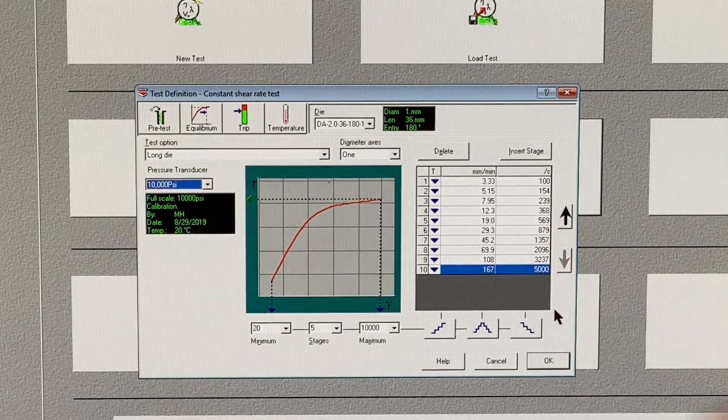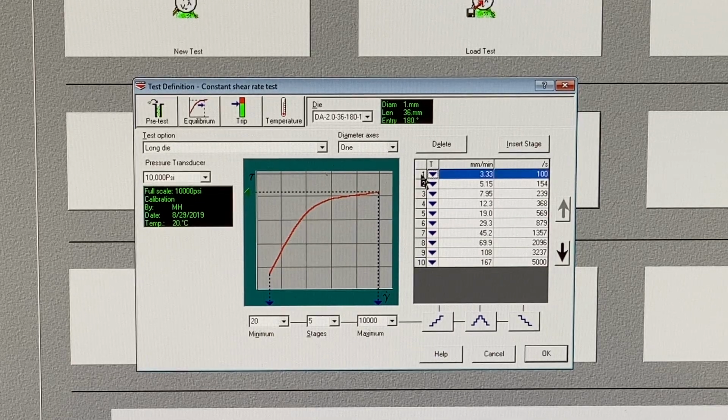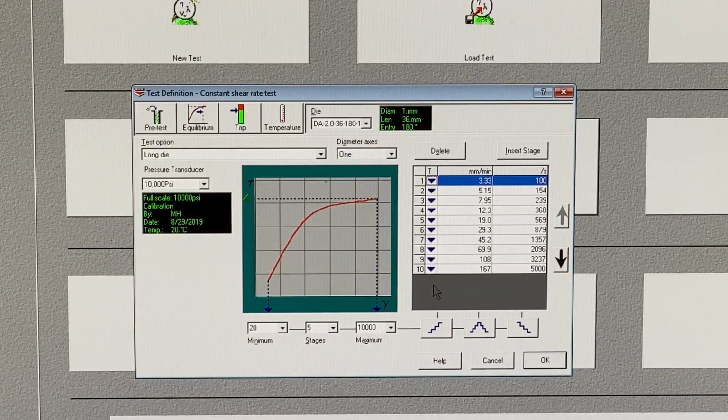Here you can see our different stages, starting from stage 1 going all the way through 10.